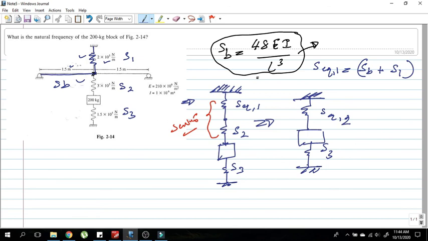So here S equivalent 2 is simply 1 over (1 over S equivalent 1 plus 1 over S2). Okay, and finally again here we have a parallel system.